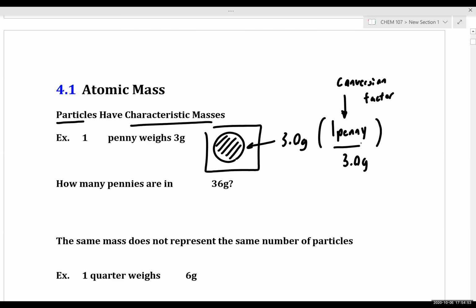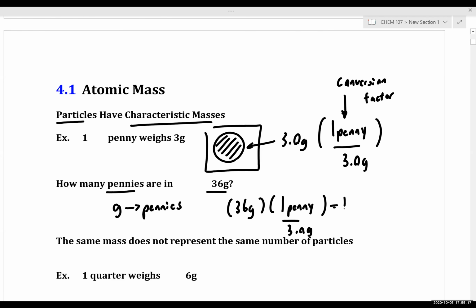Then I can calculate how many pennies are in 36 grams. Well, I'm trying to go from grams to pennies, okay? So if I have 36 grams, and I know I have 1 penny per every 3.0 grams, that gives me an estimate of 12 pennies, right?